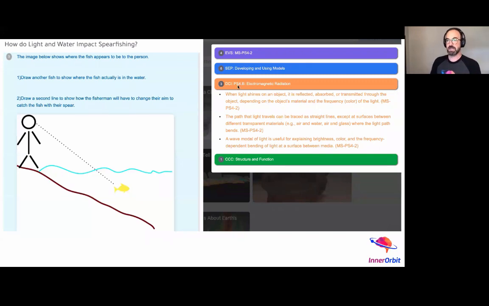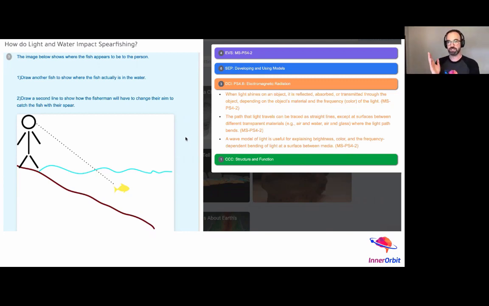They're definitely applying aspects of the DCI electromagnetic radiation, and there are also elements of structure and function of the water and the composition of those particles and how those interact with air. And so the question below this is, explain what scientific concepts allowed you to draw the fish where you did, and explain whether that was reflection, refraction, absorption, transmission, etc. So this is an example of a cluster.